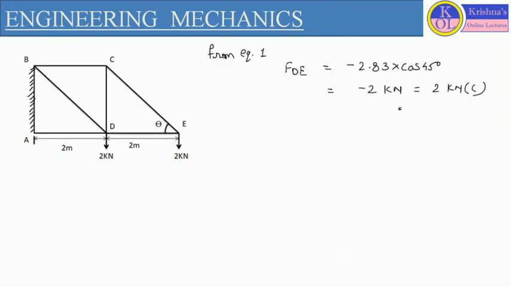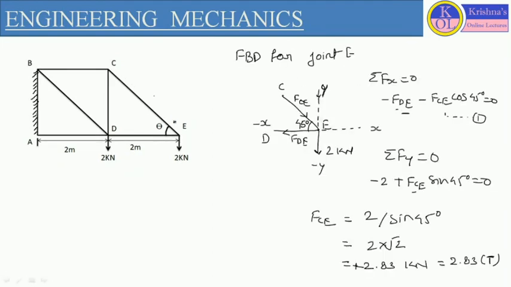So it will be minus 2 kilonewton, and since the sign is minus, the force will be compressive. So member CE is subjected to a tensile load of 2.83 kilonewton, and member DE is subjected to a compressive load of minus 2 kilonewton, or 2 kilonewton compressive.